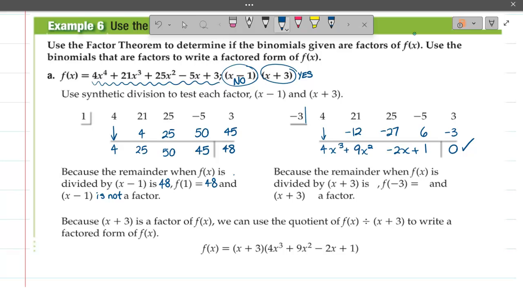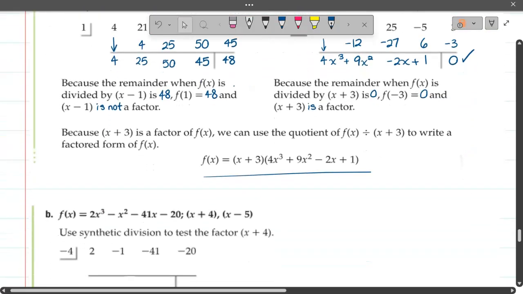Because the remainder when f of x is divided by x plus 3 is 0, f of negative 3 equals 0, and x plus 3 is a factor. Because x plus 3 is a factor of f of x, we can use the quotient of f of x divided by x plus 3 to write it in factored form just like this. So it is now in factored form.